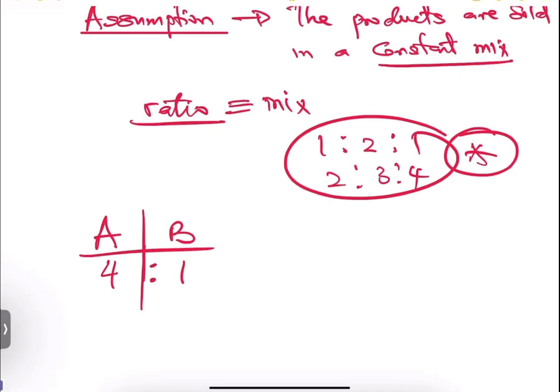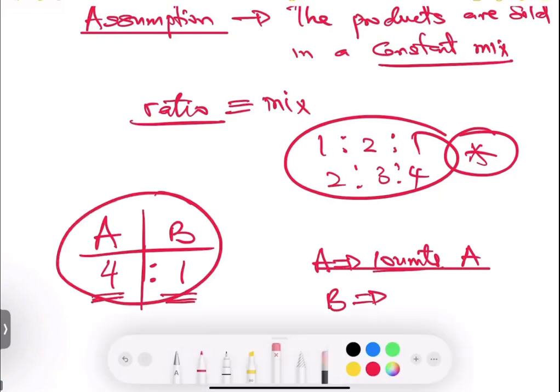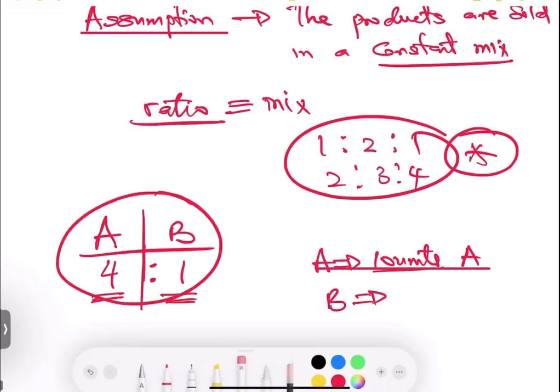So which means if this company is selling 10 units of A, how many units of B do you think this company will be selling? Let me quickly test some mathematical concepts. Was it 2.5? Thank you. It's actually 2.5.